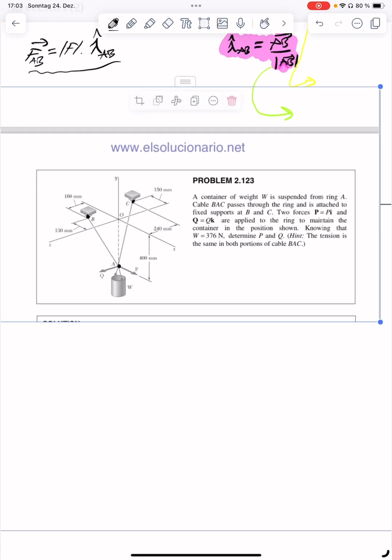So I can start with the question. Here a container of weight W is suspended from ring A. We are interested in A. Cable BAC passes through the ring and is attached to fixed supports B and C. So we can show the points.